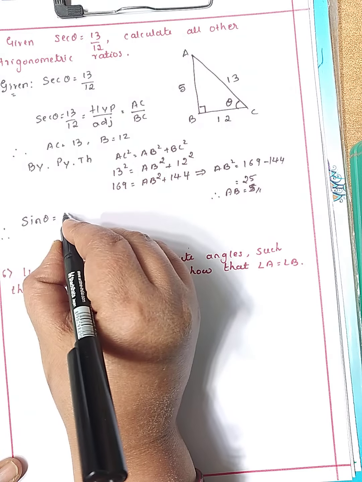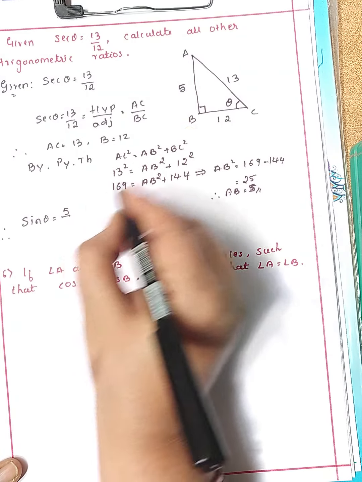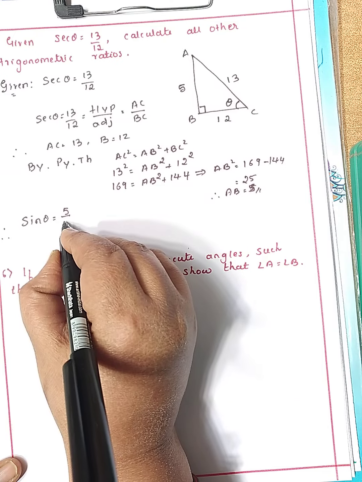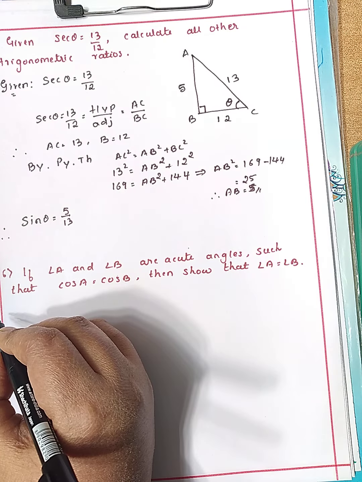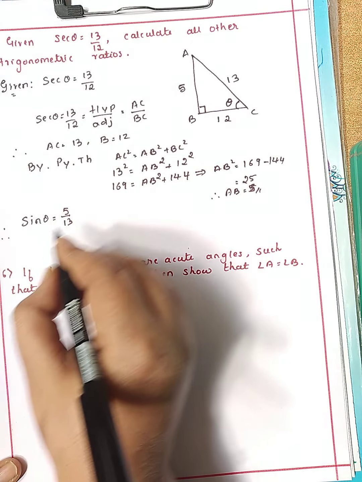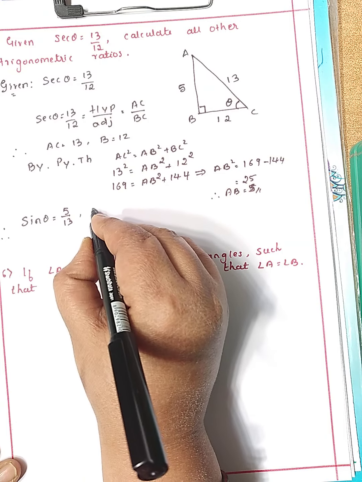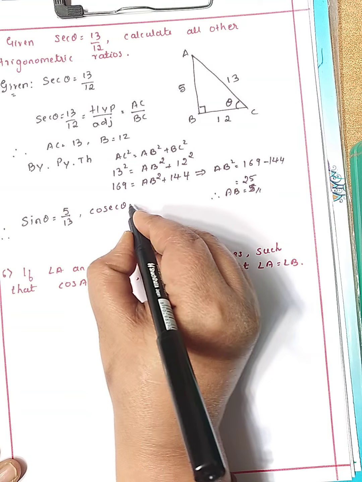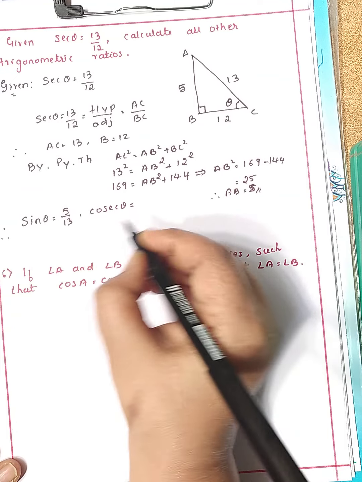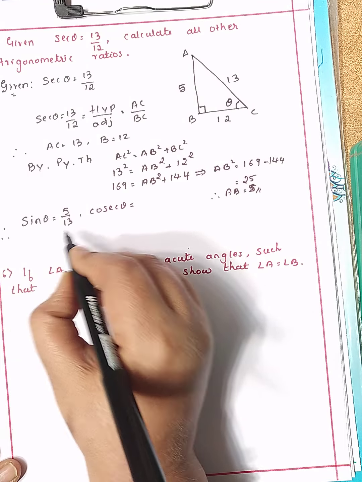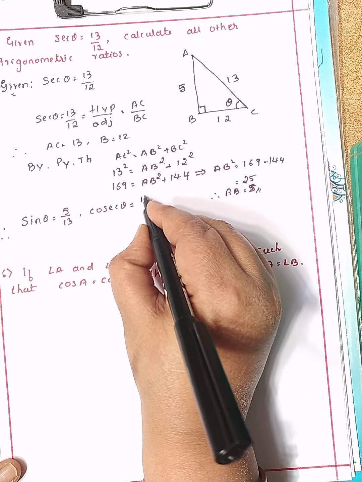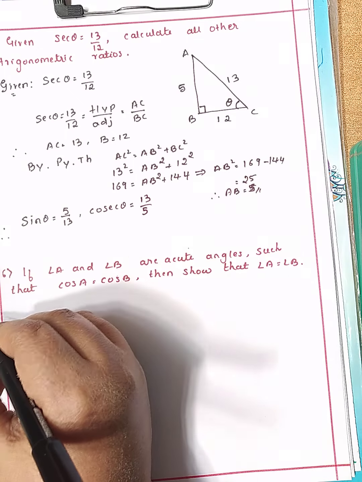Opposite side is 5 and hypotenuse is 13. Sine theta is 5 by 13. Then the inverse of sine theta is cosec. Since sine theta is 5 by 13, cosec theta becomes 13 by 5.